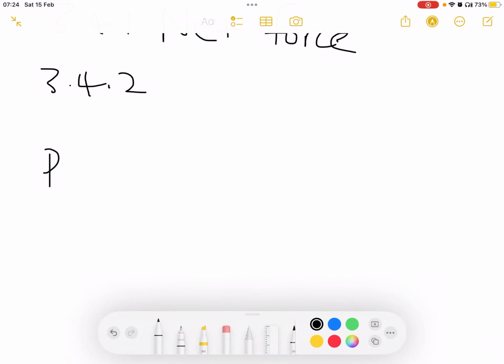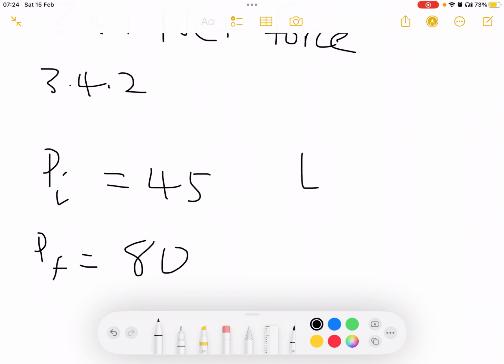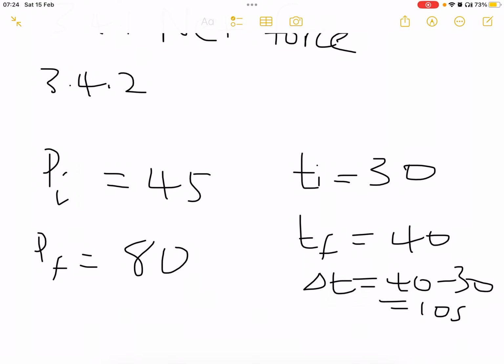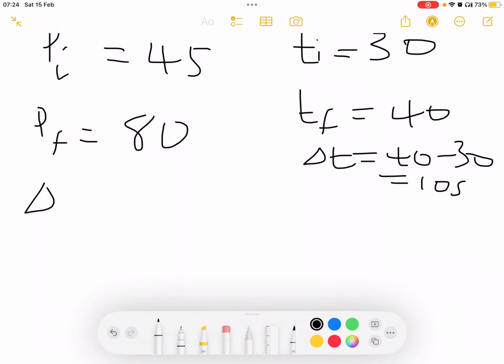We have momentum initial at point B, which is 45. We have momentum final at point C, which is 80. We have time initial at point B, which is 30, and time final at point C, which is 40. Then we must get the change in time, which is 40 minus 30, and that's 10 seconds. Also, we must get the change in momentum, which is 80 minus 45.